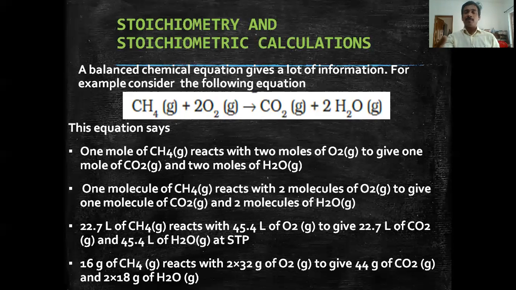All these are information taken from this equation. This simple equation tells a lot of things to you. Now we are going to do some calculations based on this information. That is stoichiometric calculation.